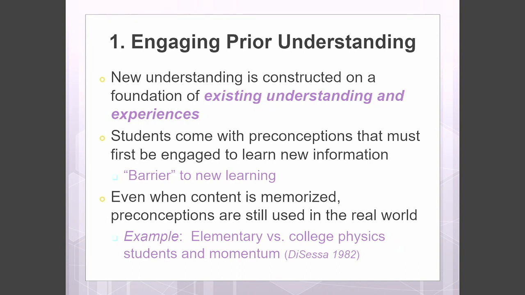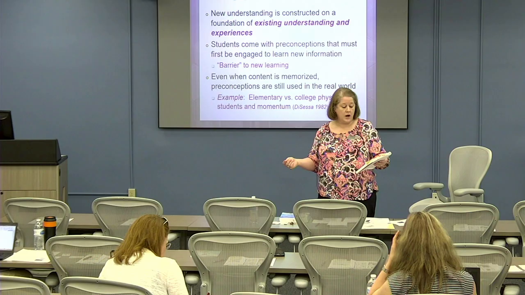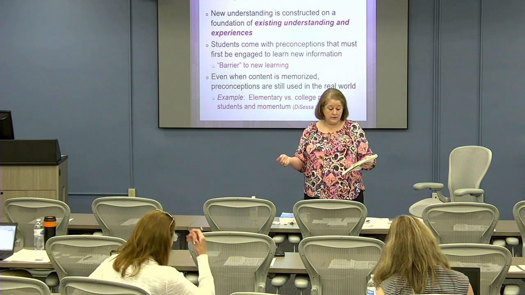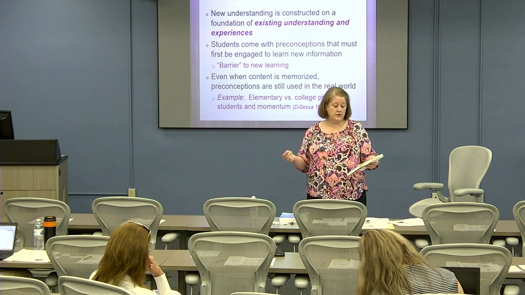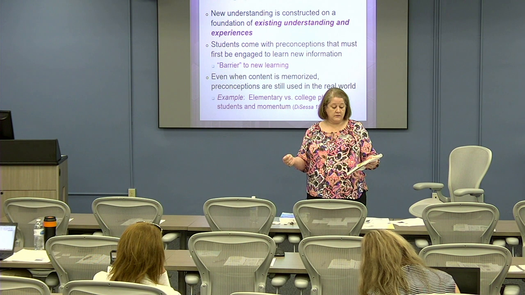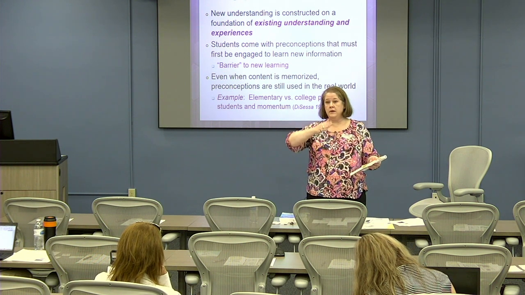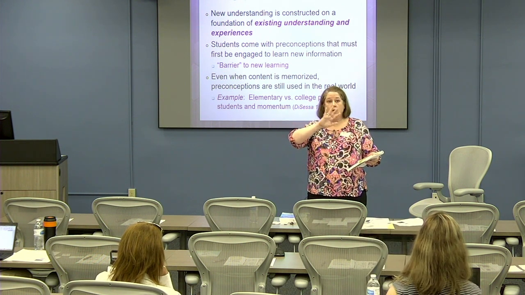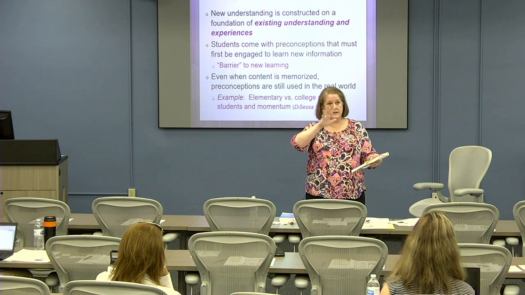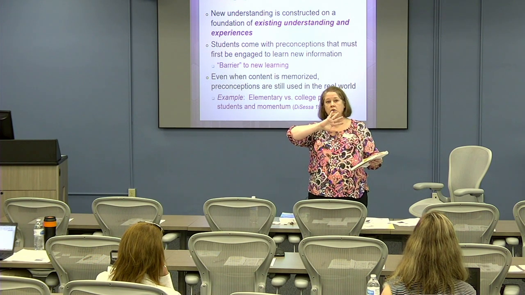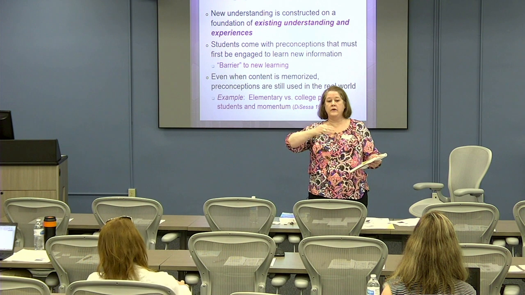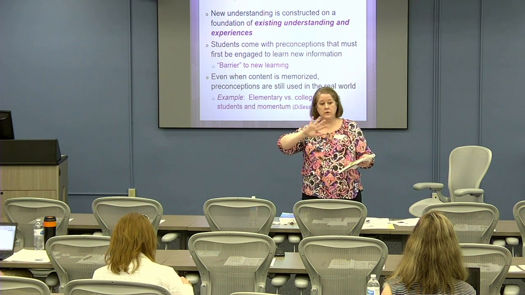Andrea diSessa conducted a study in which he compared the performance of college physics students at a top technological university with that of elementary school children on a task involving momentum. And momentum is basically, in this example, when you hit something, how it slows down, how it speeds up, what happens to it as it moves away, essentially.